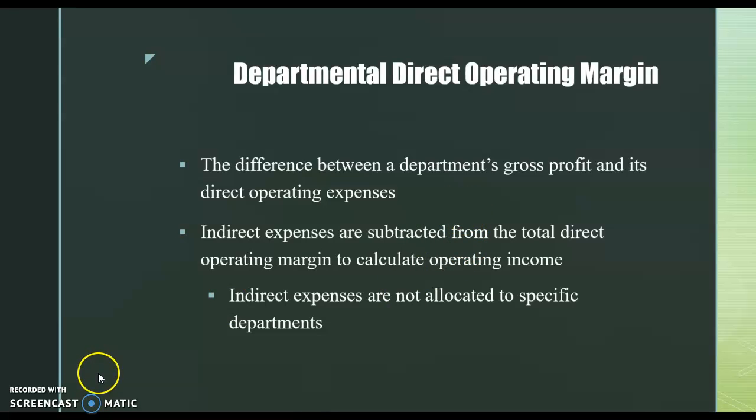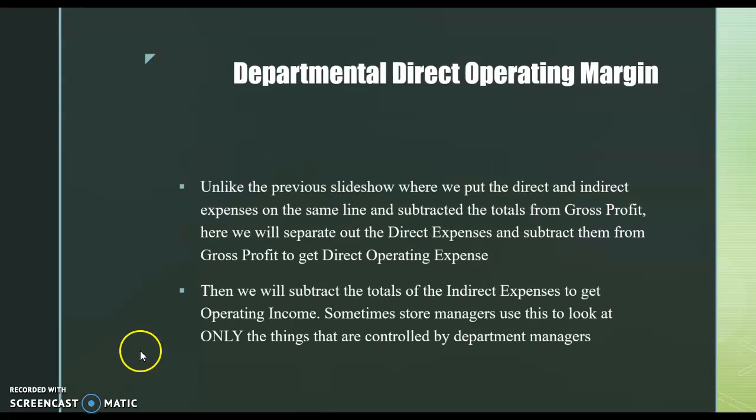Sometimes we do this type of thing because we're trying to do a performance evaluation on that manager. Each department manager doesn't have control over how much we spend for the store rent, so why even involve putting that in their evaluation?